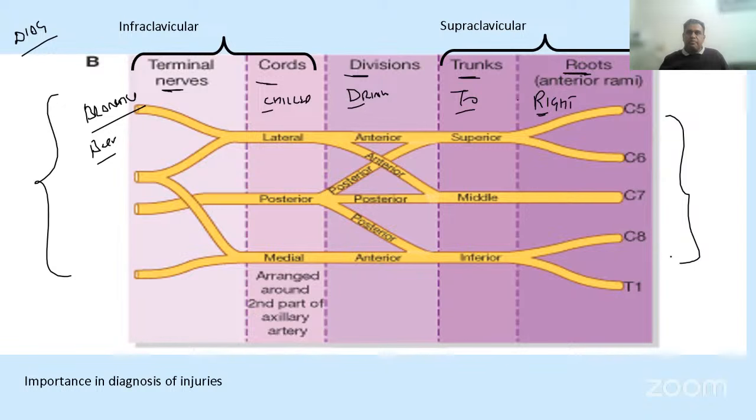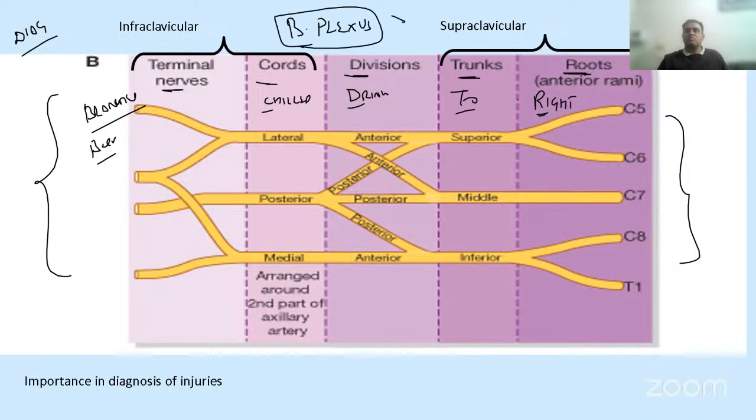To be honest, I have been a faculty of various medical colleges, and I have been checking question papers for the last decade or more. Whenever there is a paper on the upper limb, more than 90 percent, it is obvious that a question from the brachial plexus will definitely come.